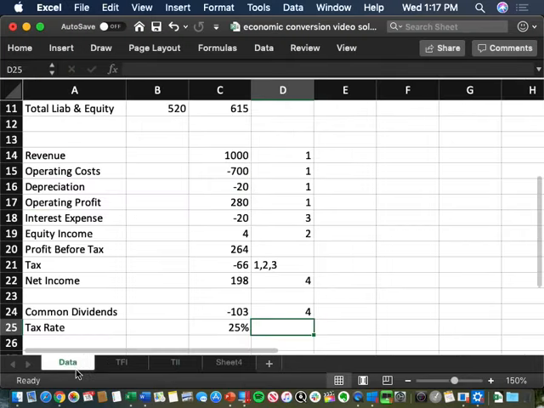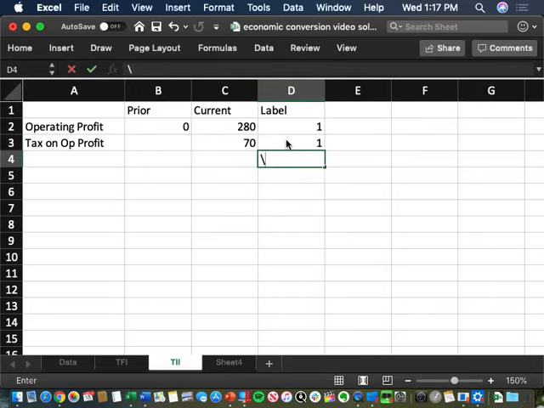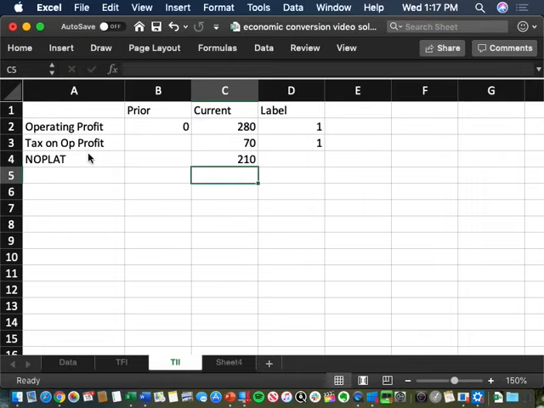Well, given a 25% tax rate, equals that times 0.25, we'd pay $70 million in taxes, which would give us NOPAT or NOPLAT of the 280 minus the 70. So this is our NOPAT or NOPLAT, which is the $280 million of profit we made from running the business, and then the 70 of tax that would be associated with that 280 of profit, given the marginal tax rate of 25%.